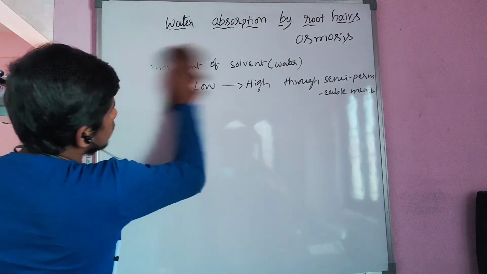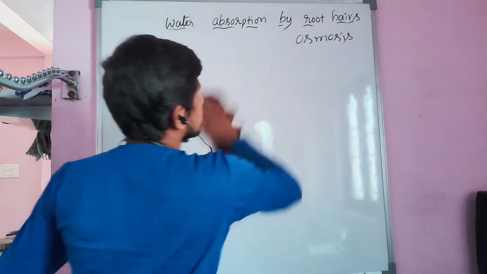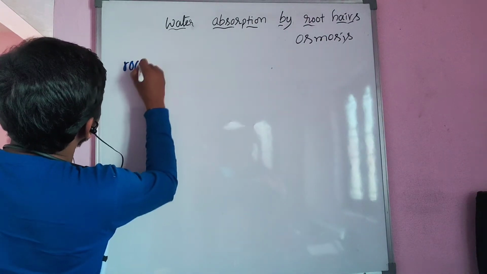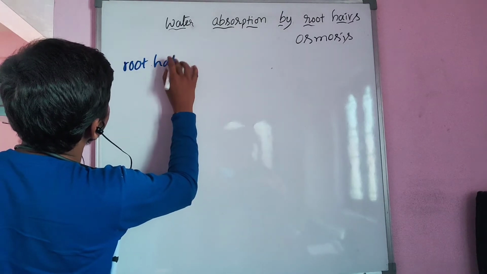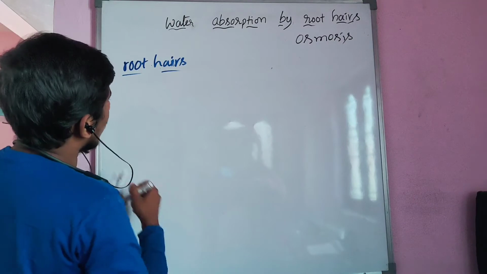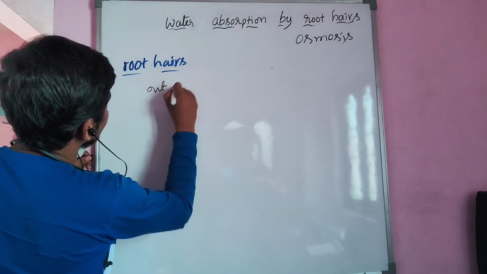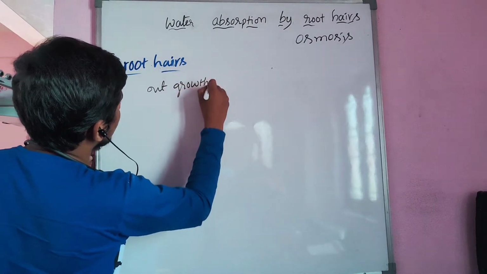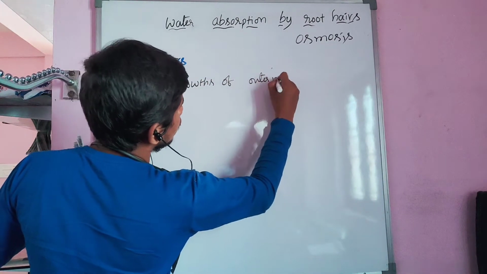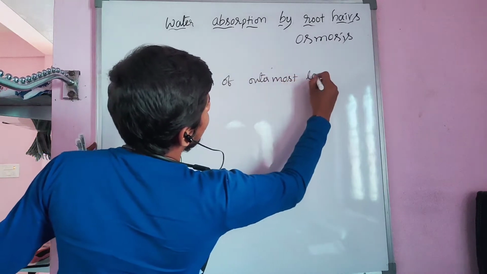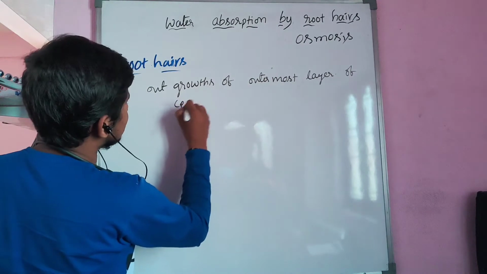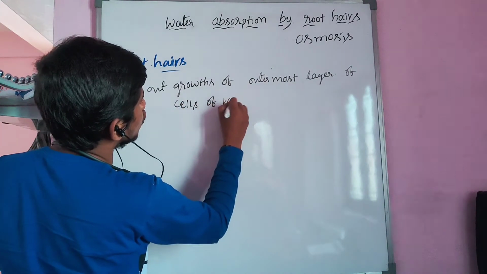Now coming to the structure and location of the root hairs. Root hairs are outgrowths of the outermost layer of cells of roots.